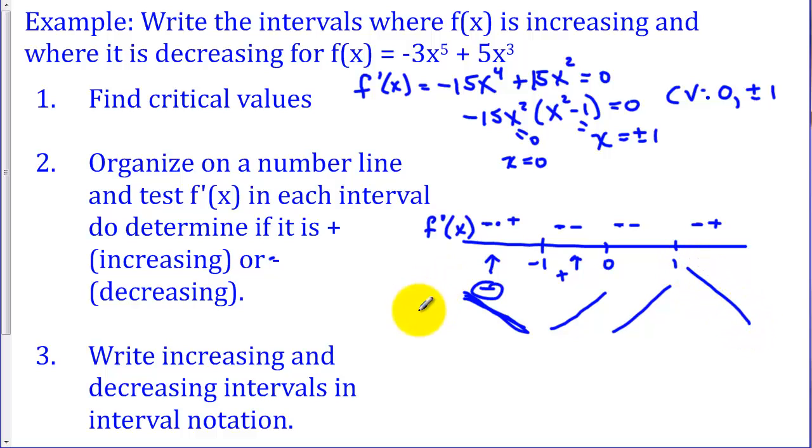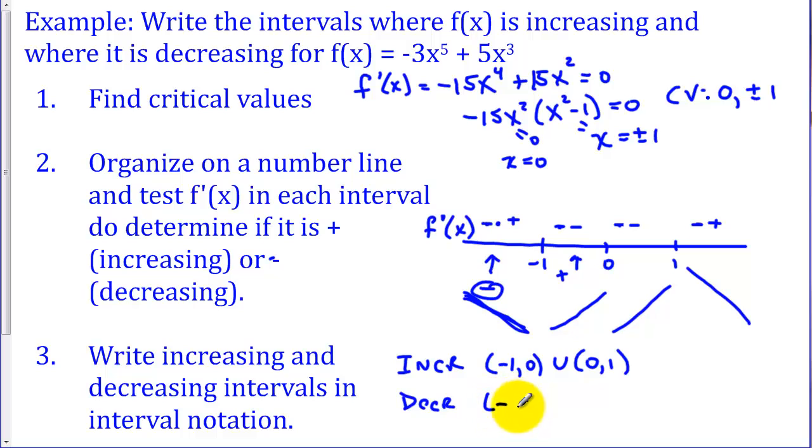So our intervals for increasing, if we write that first, will be from negative 1 to 0, and then from 0 to 1. And for decreasing, we've got from negative infinity to negative 1, and then from positive 1 to infinity.